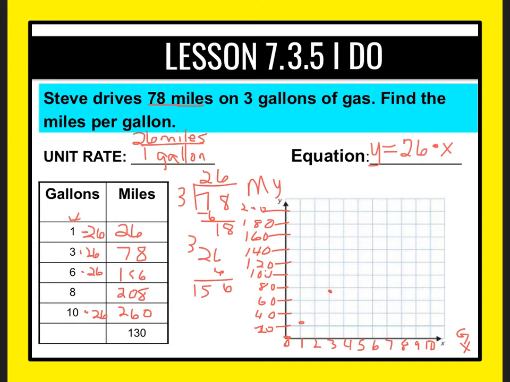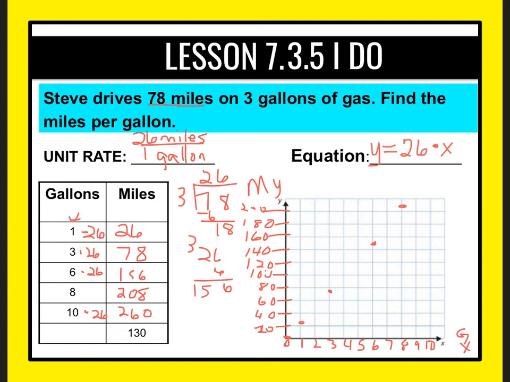At 6, it was 156, so I'm going to get a little close to 160 up there. And then let me go to 8. That's going to be a little bit above the 200 right there. But if you see that, I'm getting that nice constant rate of change, that nice line, okay?